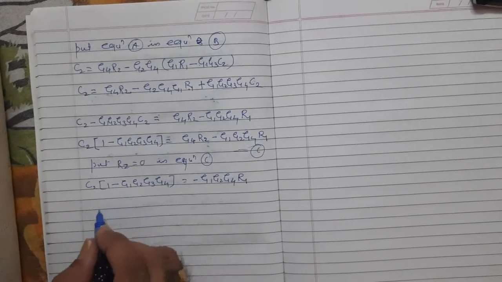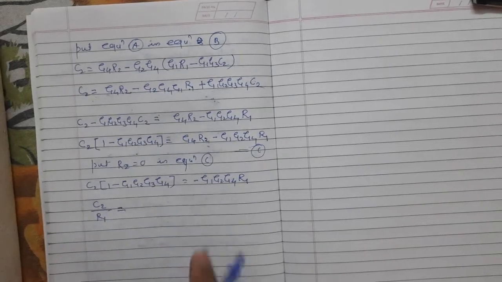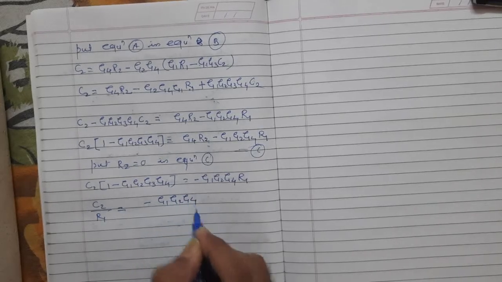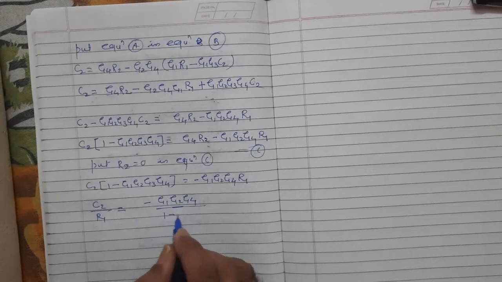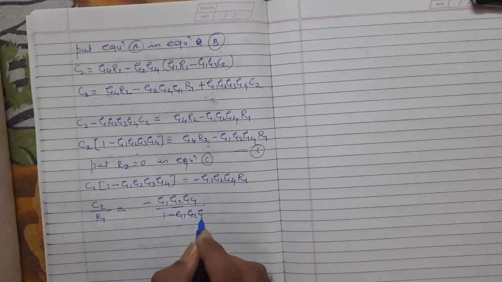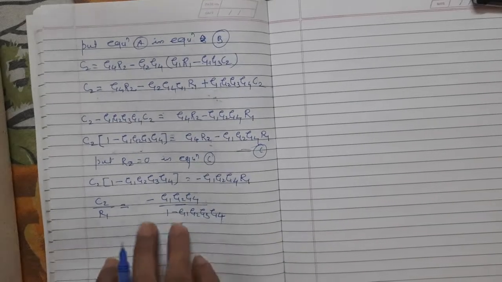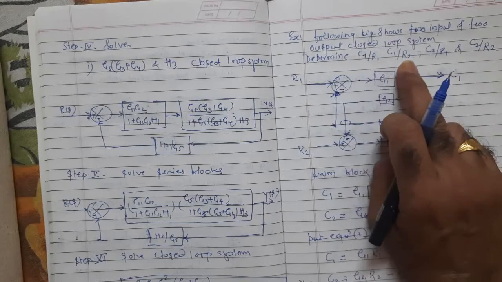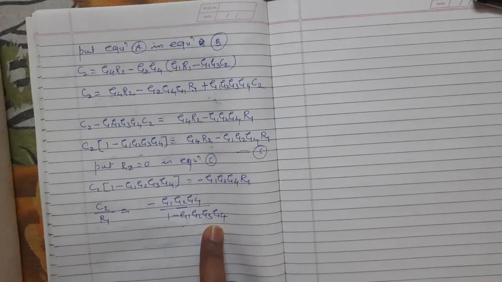So we have C2 divided by R1 equals minus G1 G2 G4 divided by 1 minus G1 G2 G3 G4. So among C1/R1, C1/R2, C2/R1 and C2/R2, C2/R1 we have calculated.